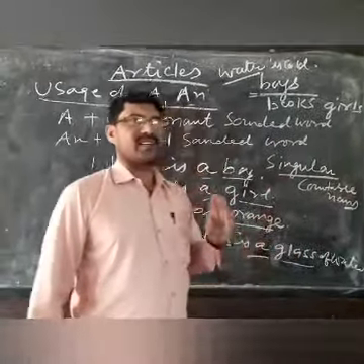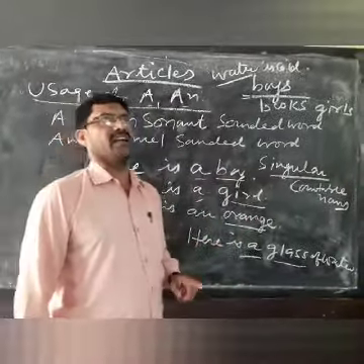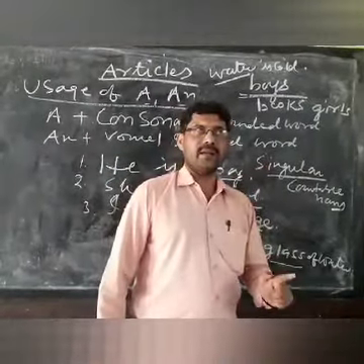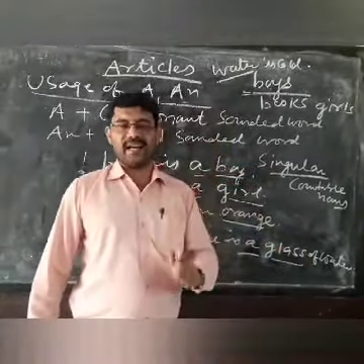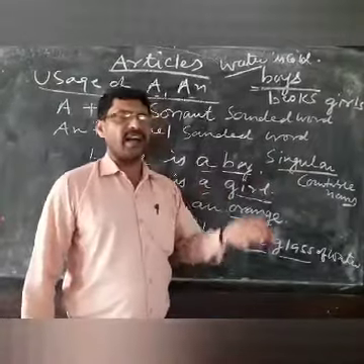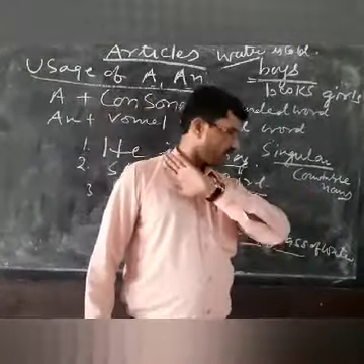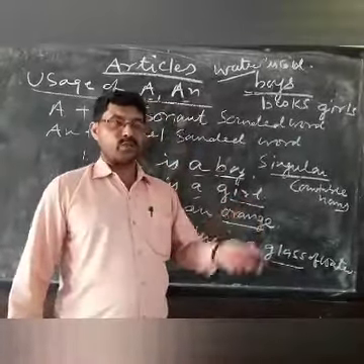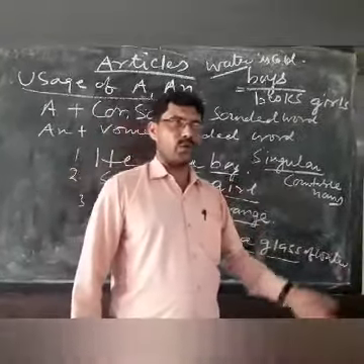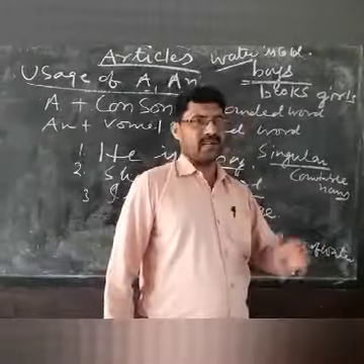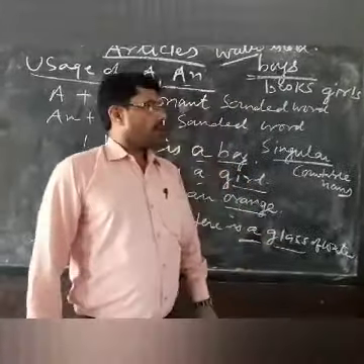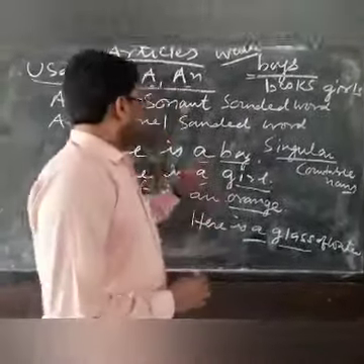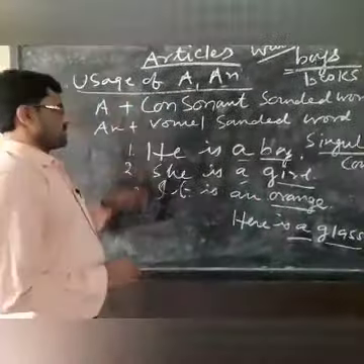So dear students, it is clear: a and an are indefinite articles, and they are not used before plural countable nouns, number one. Then they are also not used before uncountable nouns. Is that clear? Number two, let us talk about this a and an.